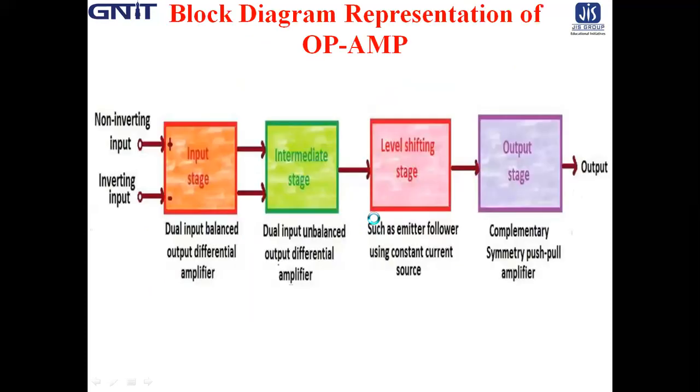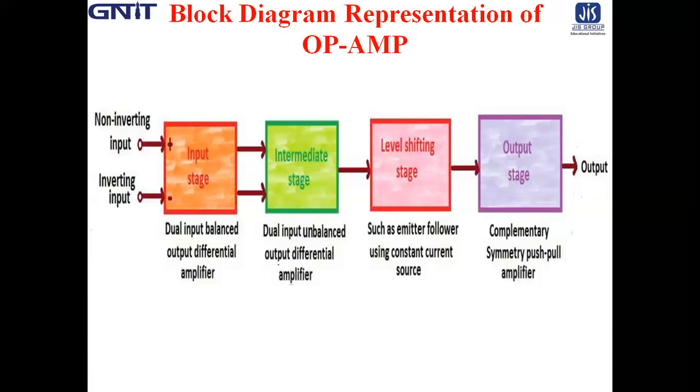Next is the block diagram representation of an op-amp. Op-amps available commercially generally employ a 4-stage cascade block structure. There are 4 block structures present.